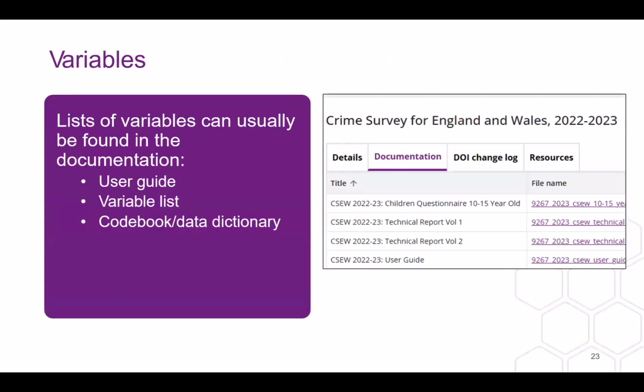And as we said earlier, you can find lots of information on the catalogue page. The list of variables can usually be found in the documentation or user guide, and we're going to come back and talk a little bit more about this later, but just to flag, that's where you can usually find that variable information that you're going to want to start looking at to think about how to conceptualize your questions and what data you might want to use.